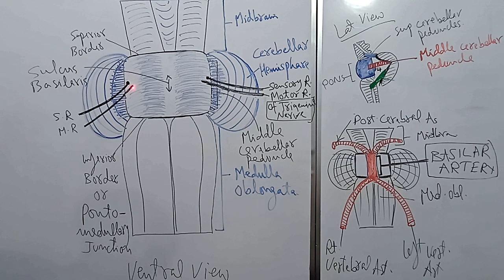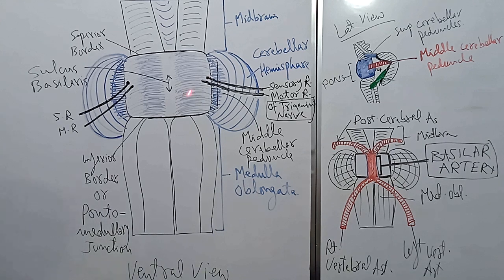Just lateral to the attachments of the trigeminal nerve roots, if you draw a line here, this will be the lateral border of the pons, that is, the junction between the anterior surface of the pons and the middle cerebellar peduncle. In the center of the anterior surface of the pons, there is a shallow groove known as the sulcus basilaris. Along this groove, the basilar artery ascends. This shallow vertical groove on the ventral surface of the pons is because of the basilar artery.